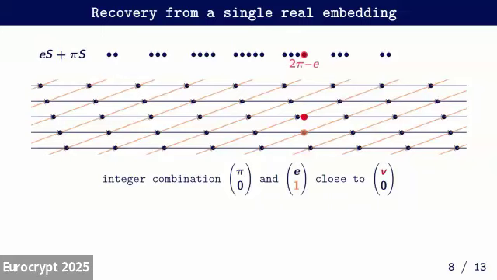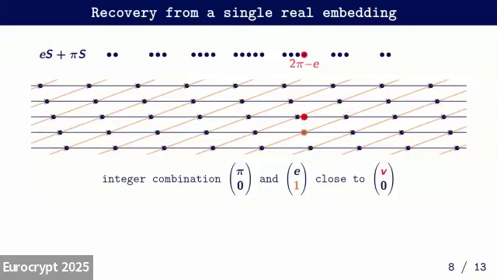What we then get is this lattice of all these combinations, essentially of this pi and e. Each of these points represents some combination. And the combination that we are interested in finding is this orange point, given this red point. The problem here is that this point is not even the closest point to this red point.